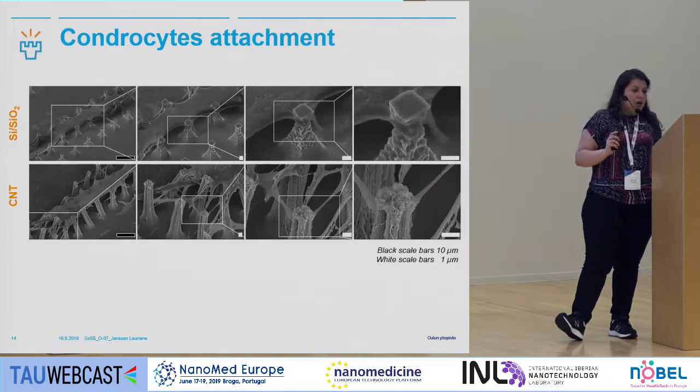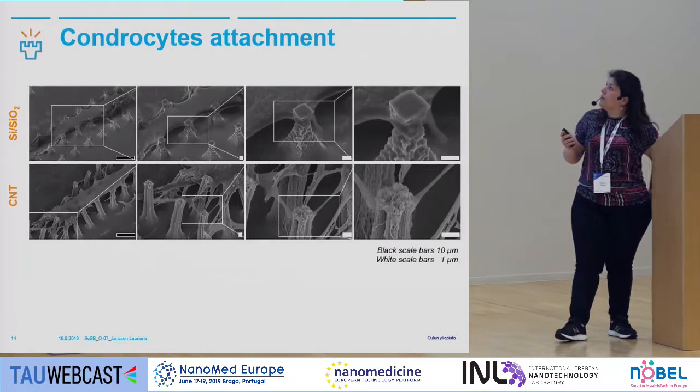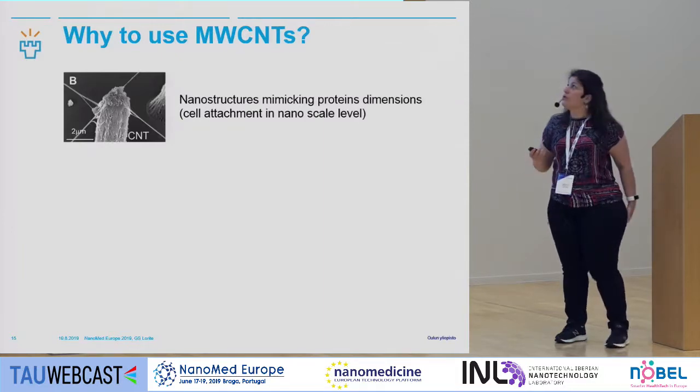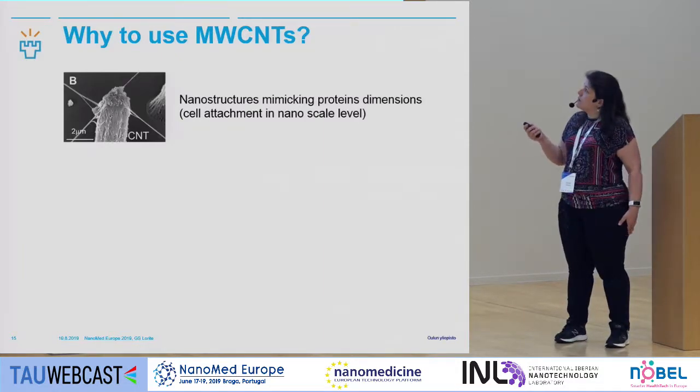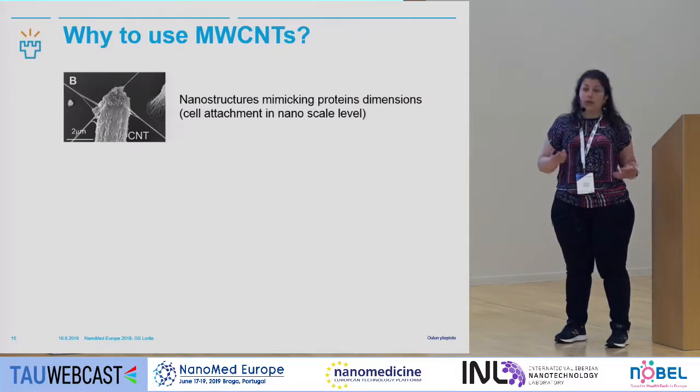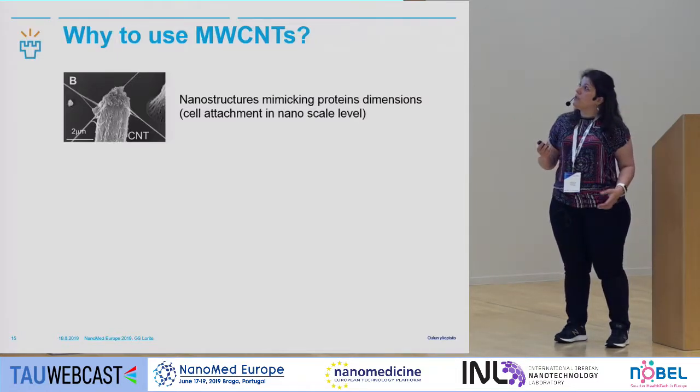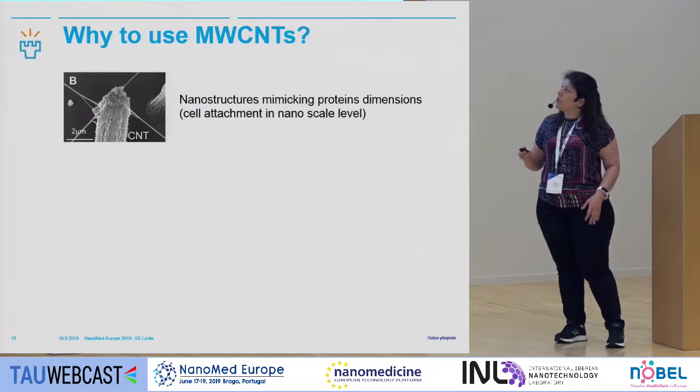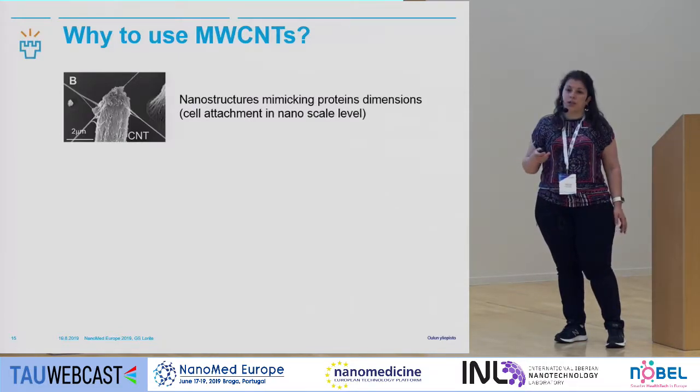So why do we want to use the carbon nanotubes with the cells? As I mentioned before, the nanostructures mimic the dimensions of proteins or collagen, which promotes adhesion and attachment at the nanoscale level.